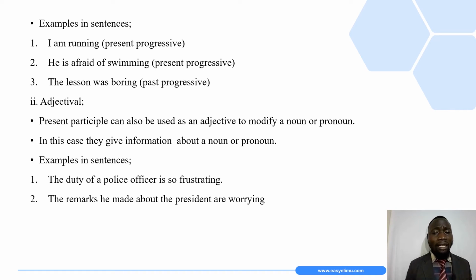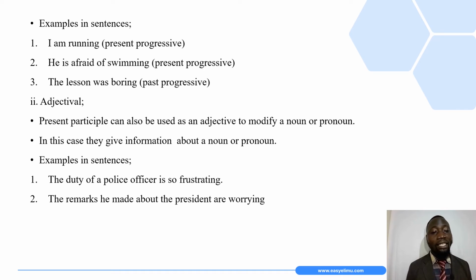So another thing is that the present participles can also be used as adjectives. This means that they can be used as an adjective to modify a noun or a pronoun in a sentence. In this case, they give information about a noun or pronoun. We have got a few examples in sentences.